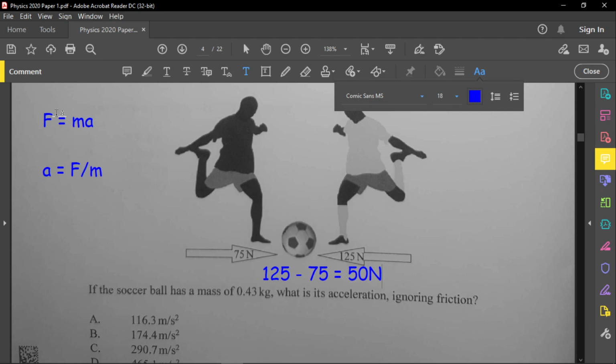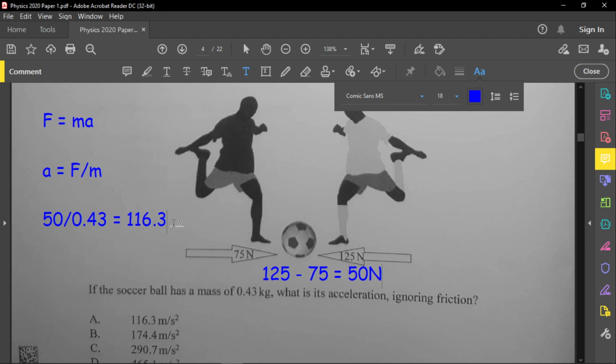All right, so now we have our force, which is 50 newtons. And so it'd be 50 newtons as our force divided by the mass, which is given as 0.43 in the question right here. So divide by 0.43, and this is equivalent to 116.3 meters per second squared.